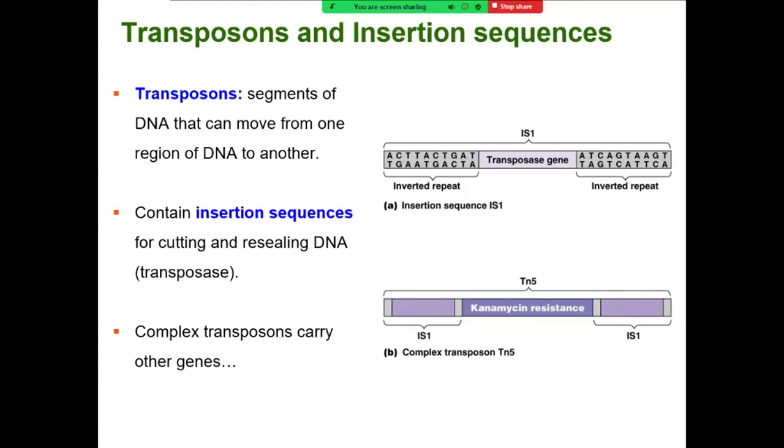Go on. What's the purpose of the non-complex transposons? Purpose. You're saying why are they in a cell? Yeah, what does it matter if it's not carrying other genes with it? Like I said, it's just a part of the genome. Why it exists, you have to ask God or the universe or whatever you want to ask your question to, because I'm not sure if they know why it exists.